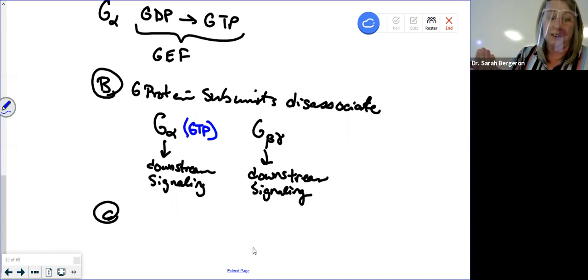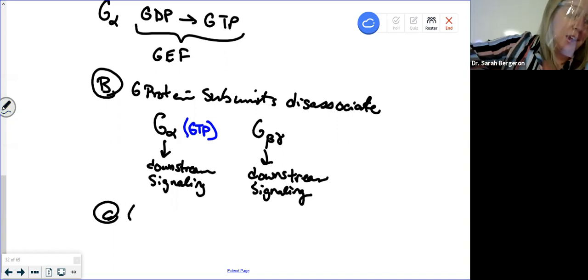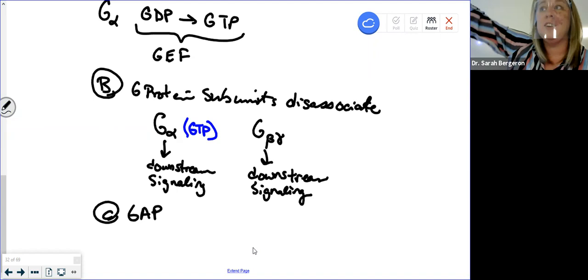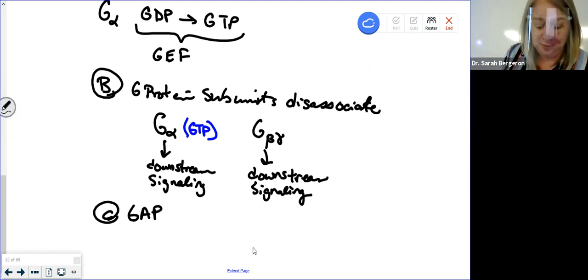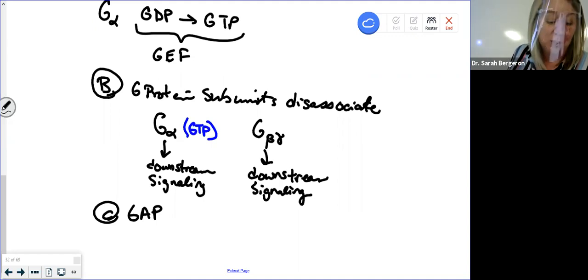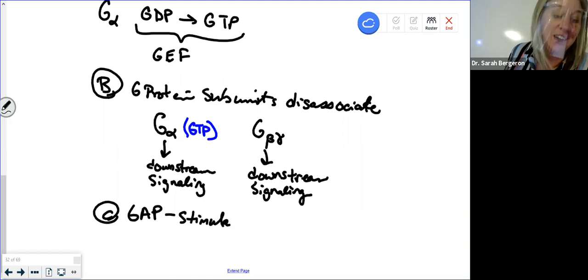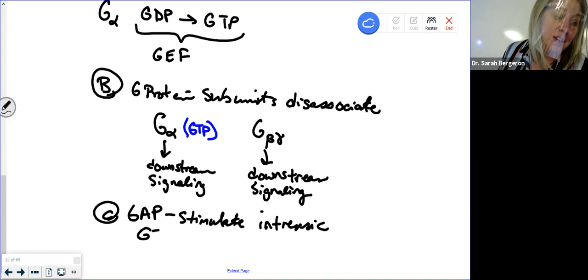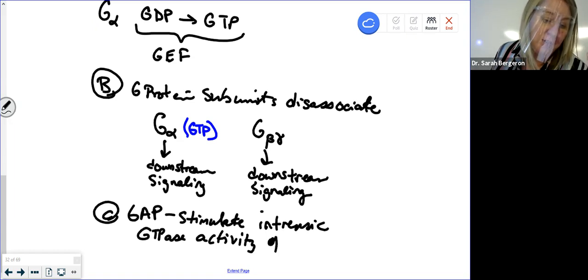What stimulates that? A GAP. Guanine, what? Look on your sheet. What is GAP? In the top box. GTPase activating protein. So what is a GTPase activating protein going to do? It's going to stimulate the intrinsic GTPase activity of G alpha.